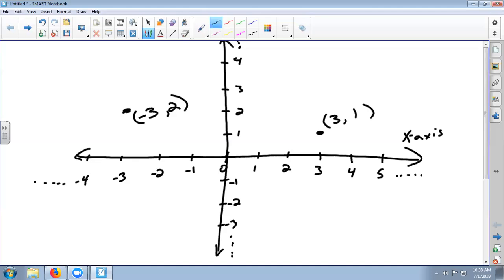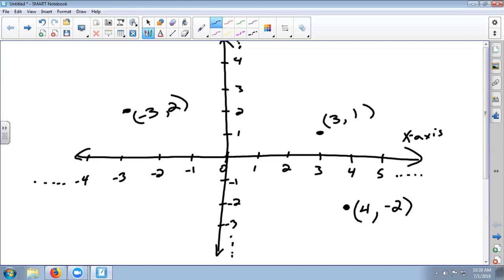Coordinates going down are negative. So this one went right 4. That's positive 4, the x value. And it went down 2, which is negative 2 on the y coordinate. So (4, -2). That's how to plot any point on the Cartesian plane.